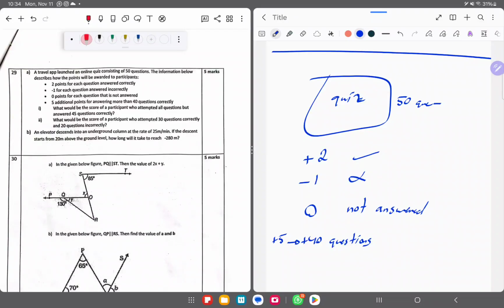What would be the score of the participant who attempted all questions but answered 45 correctly?